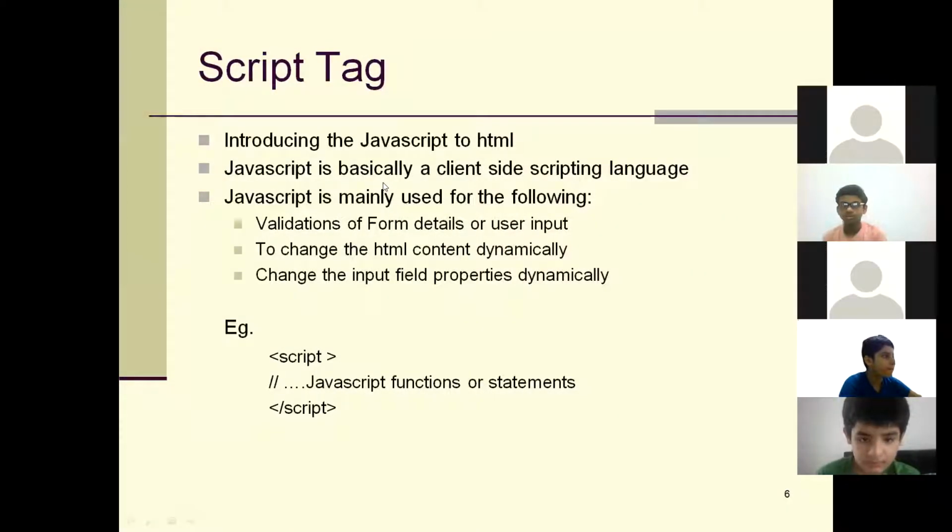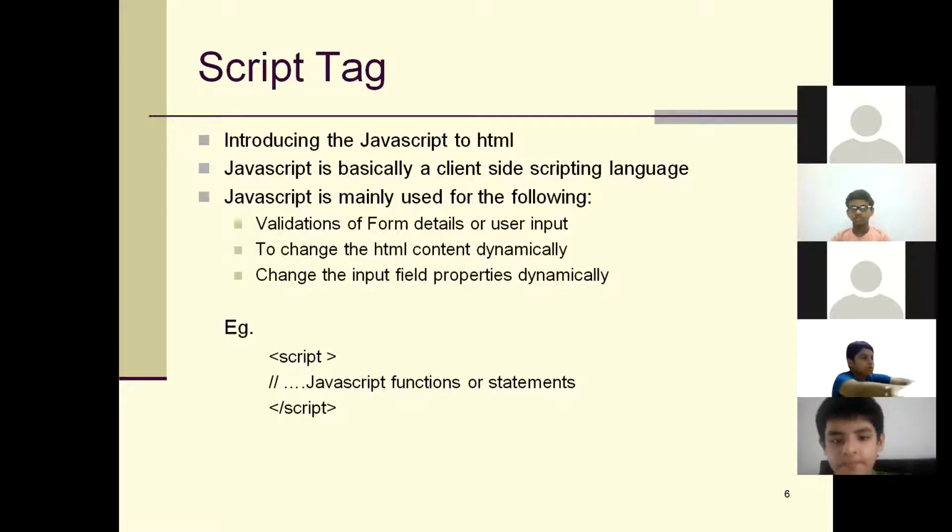So, the script part you are aware of, right? Yesterday we discussed the script. JavaScript is basically used for client side scripting. Its main use is validation of forms and user input.